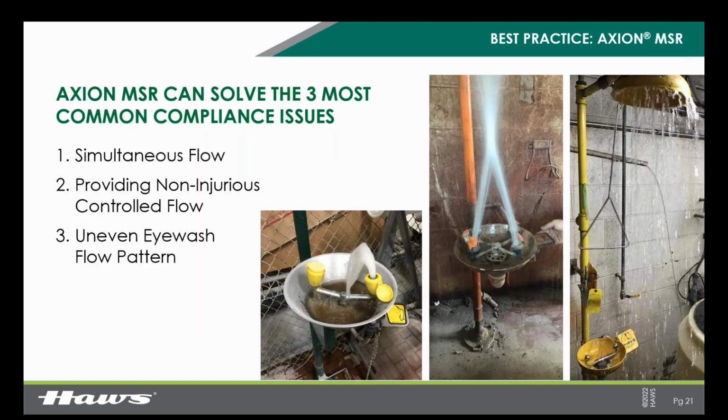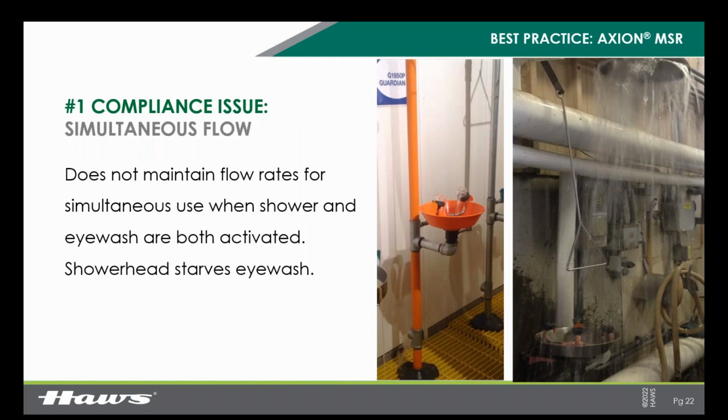Now some of those issues, just so you have a visual on them, the most serious ones are simultaneous flow, injurious flow, and eye face wash or eye wash flow patterns that you see there on the right. Now simultaneous use, I described to you before, the shower starving the eye wash, and that's what it looks like. You have a low flow, starved flow from the eye wash or eye face wash.